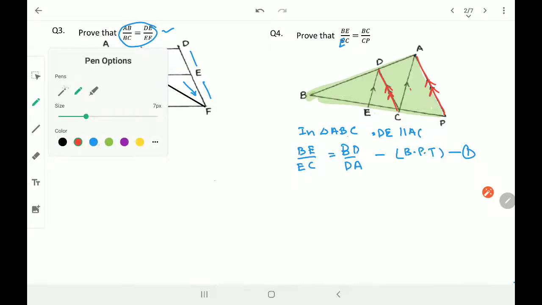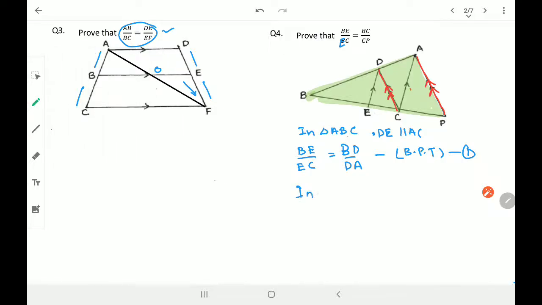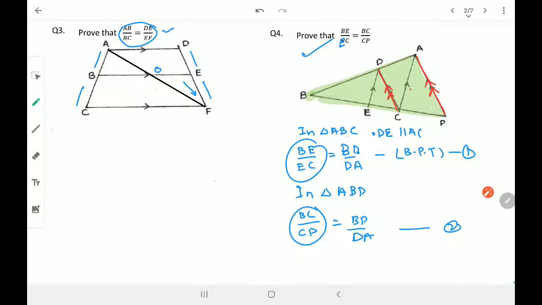So in these lines which are parallel, I can easily say in triangle ABP we have BC upon CP, you can check easily, it is very clear, is equals to BD upon DA, equation number 2. Of course these two are equal, so this and this are equal, and that's it, the required result you have. So that's what I said, it is supposed to be EC, not BC.